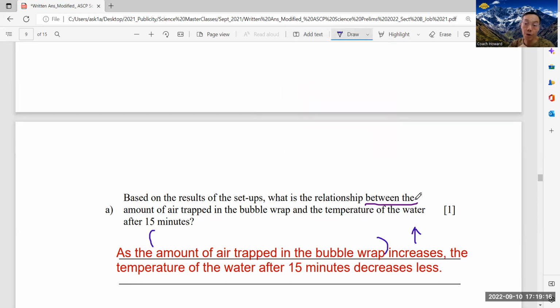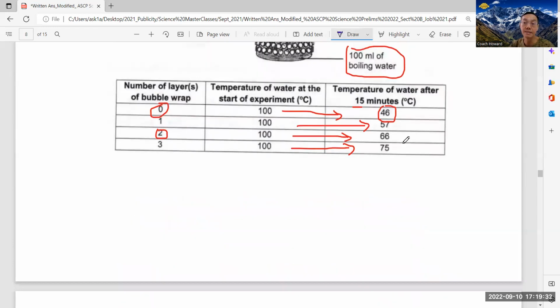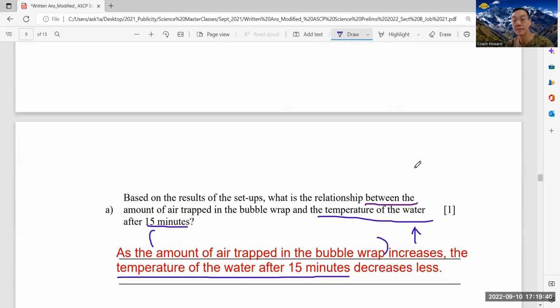So you just copy here. As the amount of air trapped in the bubble wrap increases, what happened to the temperature of water after 15 minutes? I copy this one. The temperature of water after 15 minutes, what happened? Decreases less. Can you see this one? One layer is 57, more layers is 75, so decrease less. So this is the answer.